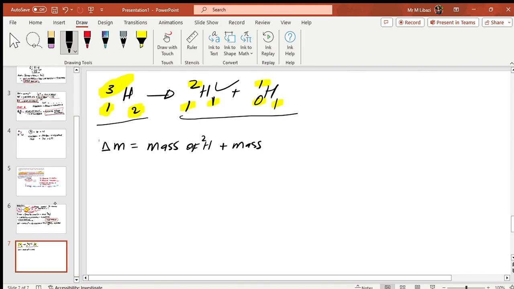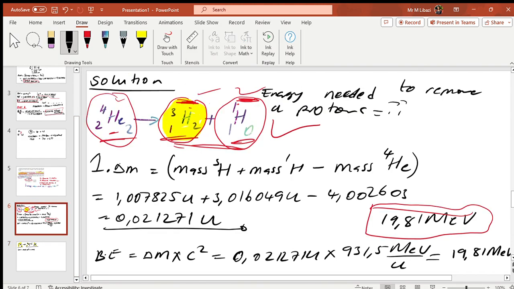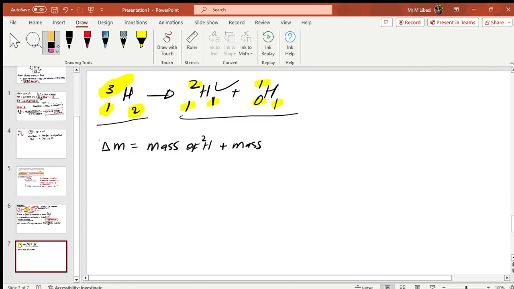Now we are removing a neutron, right? The mass will be different, so plus the mass of n, 1 there, and then minus the mass of the atom, H3.